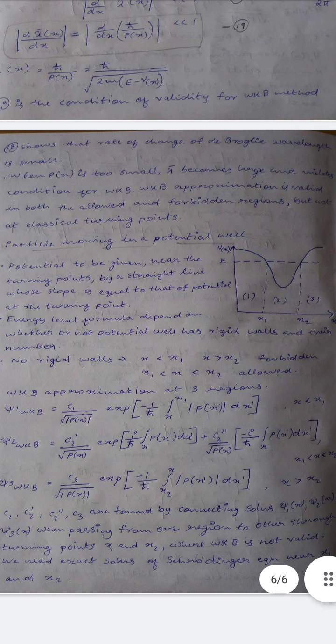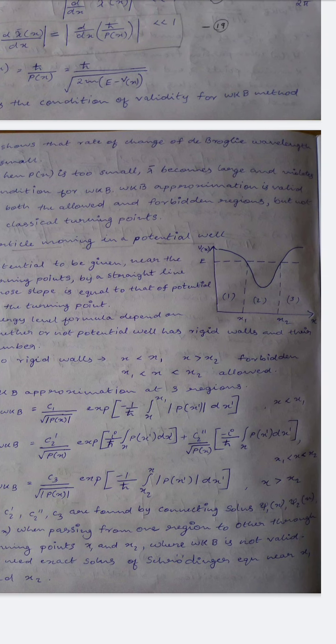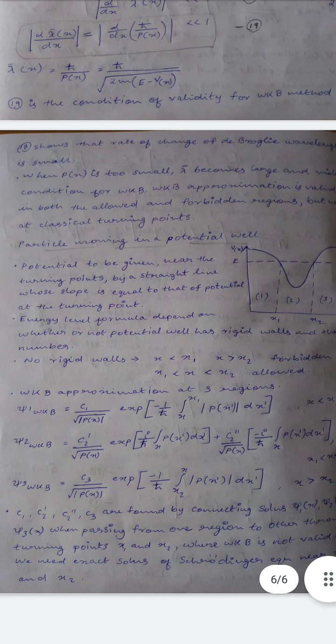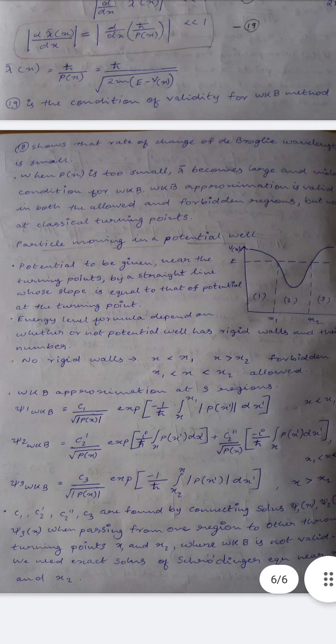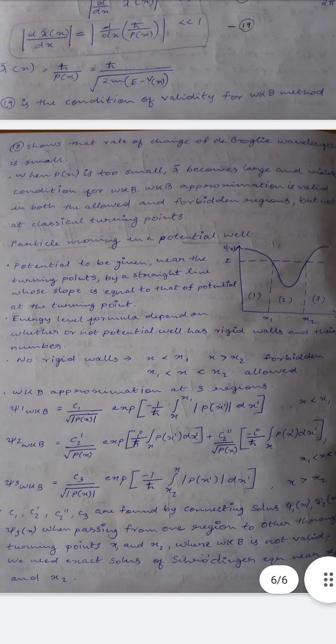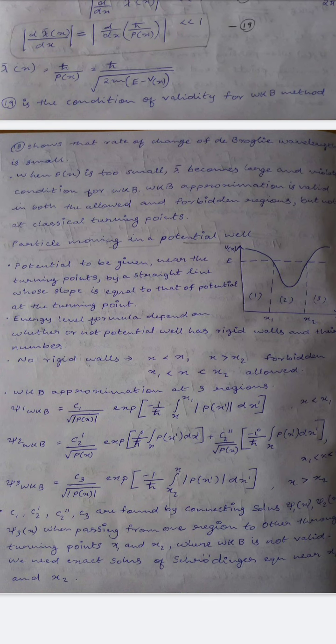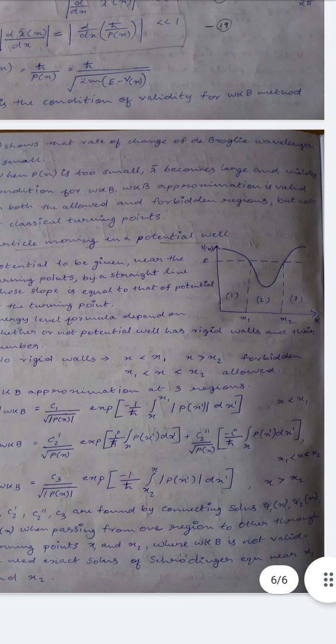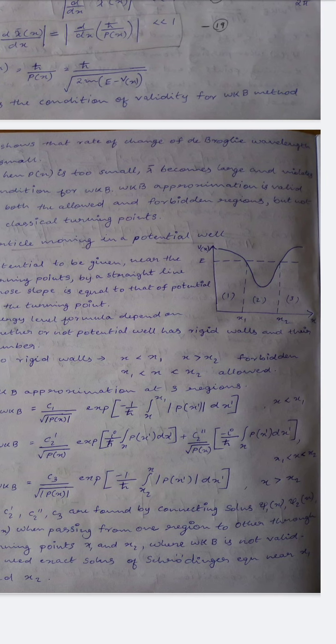They can be found by connecting the solutions psi 1 of x, psi 2 of x and psi 3 of x when passing from one region to another through the turning points x1 and x2, where WKB is not valid. They are connection equations. At these turning points, we have to find an exact solution of the Schrodinger equation near x1 and near x2.